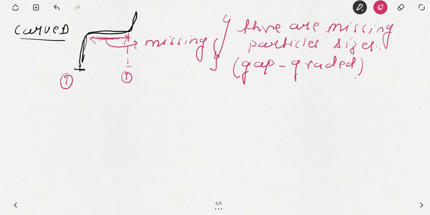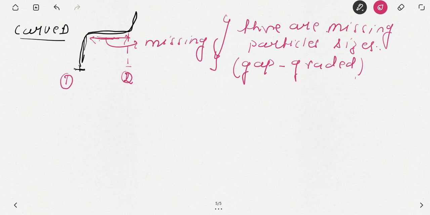It means there is a gap between two different particle sizes, hence it is termed gap graded soil, and this is the shape of a gap graded curve.